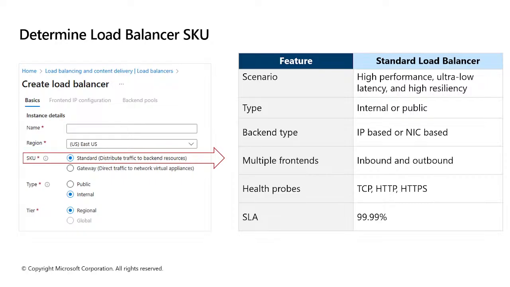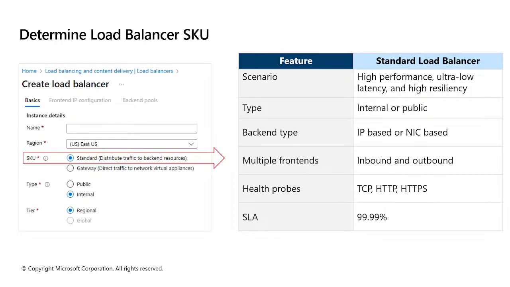You can use the gateway SKU and direct traffic to that network virtual appliance before traffic goes into your web application. So it's just you deciding how the traffic moves within your environment. That's what this SKU is for.